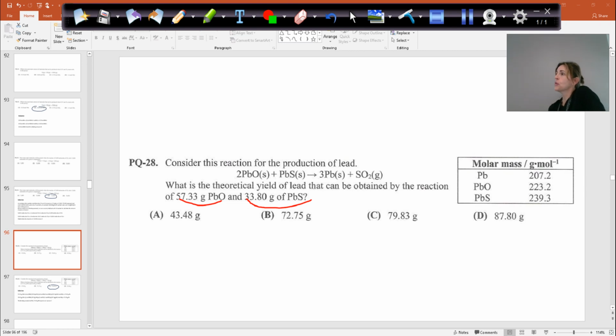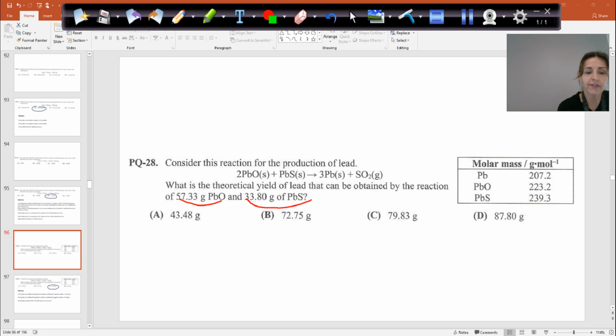And then you look at which one gives you the least amount of product. That is your theoretical yield, and the reactant that gave you that smallest amount of product is your limiting reactant. So that's the more brainless way of doing it. We can start by doing that, and then if you want to stick around, I'll show you the quicker way, but you'd have to think about it more.